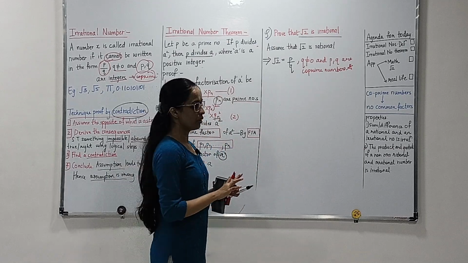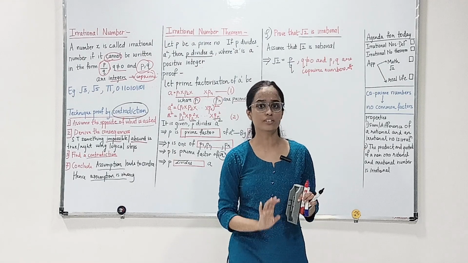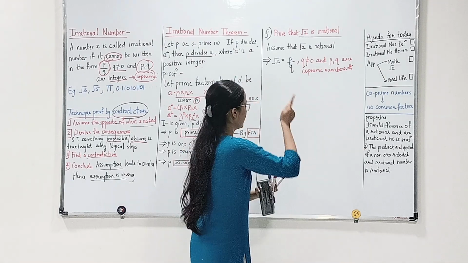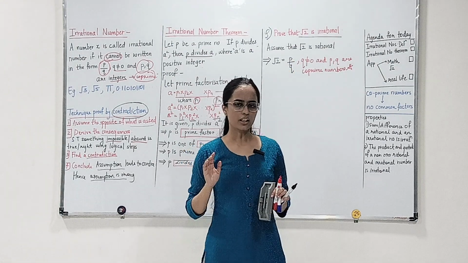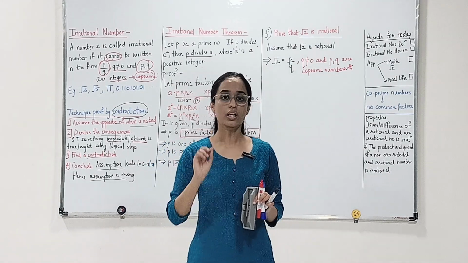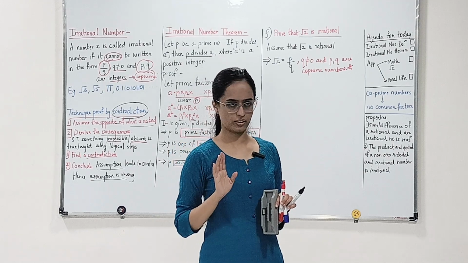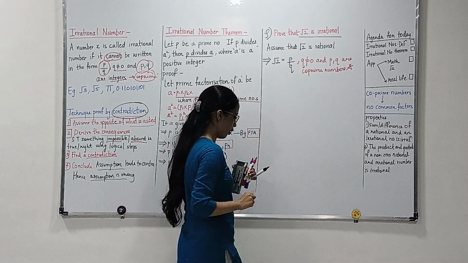So since you have assumed that root 2 is rational, now you are deriving the consequences of it. The consequence of a number being rational is that it can be expressed in the form P by Q, where Q is the non-zero number and P and Q both are co-prime numbers, meaning the only common factor between them is 1 and nothing else. So we have got root 2 as P upon Q.